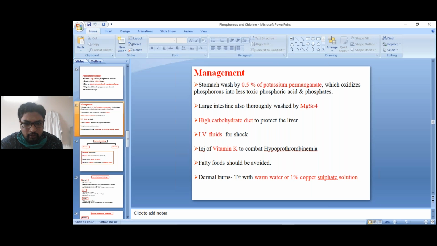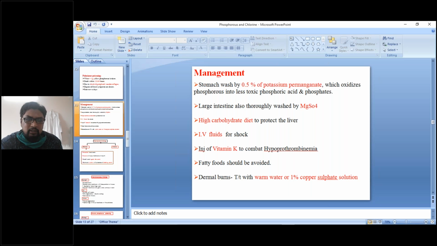And then we can give a high carbohydrate diet to protect the liver, IV fluids to compensate for shock, and then injection vitamin K to combat hypoprothrombinemia. All the thrombins are synthesized in the liver, and all the clotting mechanism products are synthesized in the liver.